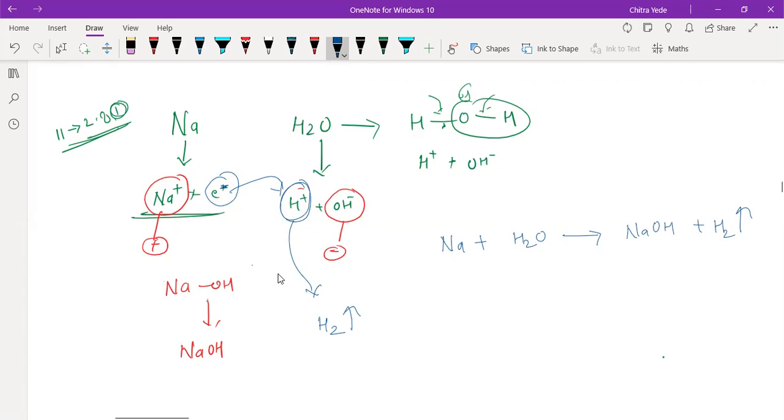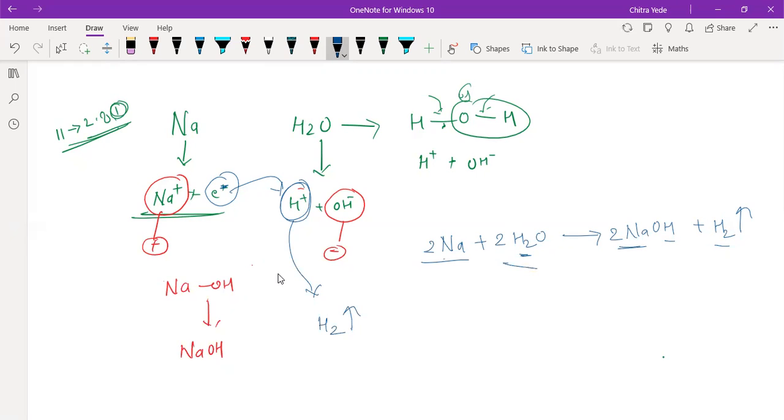Now here we have only 2 hydrogen on the reactant side, but on the product side we have 3 hydrogen, meaning hydrogen is not balanced. That's why we multiply here by 2 and here by 2. Now sodium here we have 2, so here we again multiply by 2. Now the reaction is balanced.